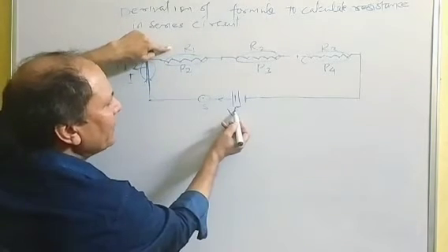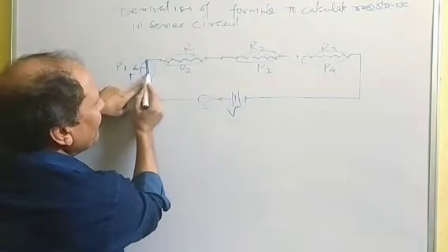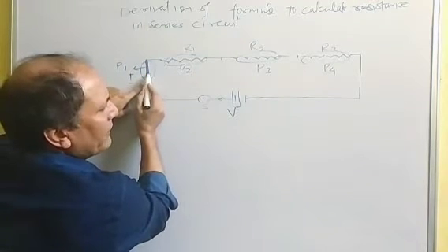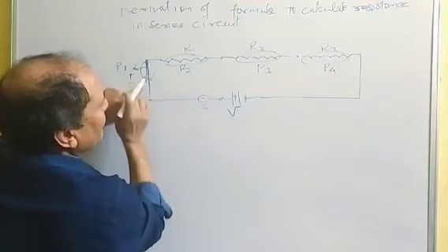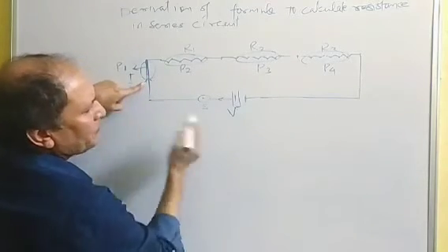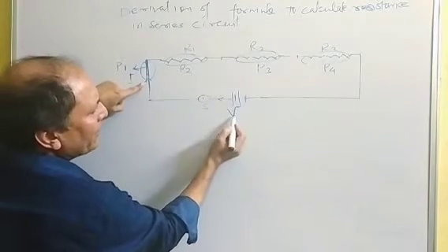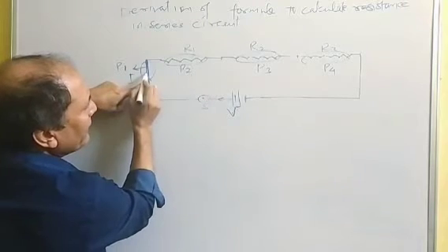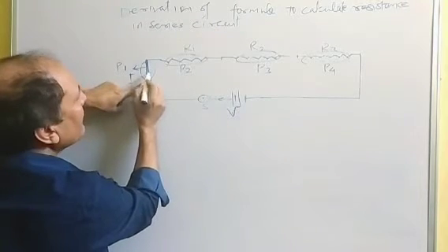Now the potential difference V is here. In the case of point P1, there is no other resistance, so the potential difference will be normal, the same value as here.